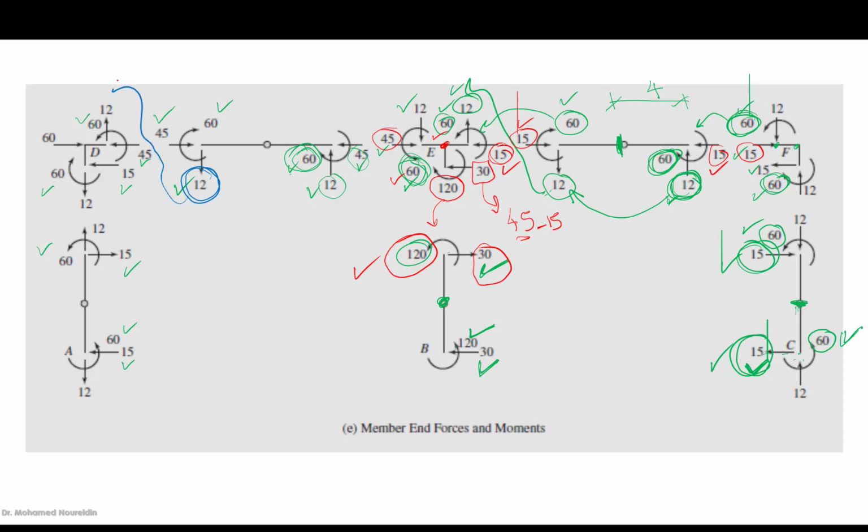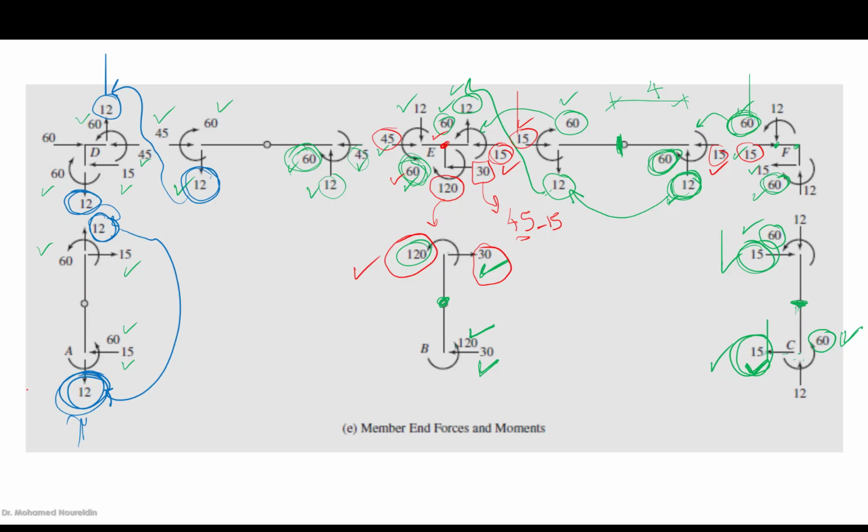Then we can reverse it here to this joint, which is 12. And from the summation of y equal to 0, we are going to have this 12 at the bottom part of point D. And this 12 is going to be reversed here, which is 12. And then this 12 is going to be reversed here because of the equilibrium of the vertical forces for the column, for the column AD. Now the axial force here is 12, as you can see.